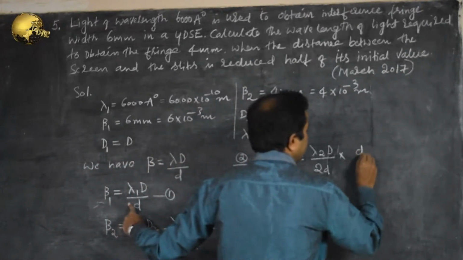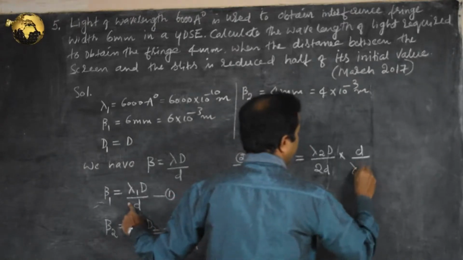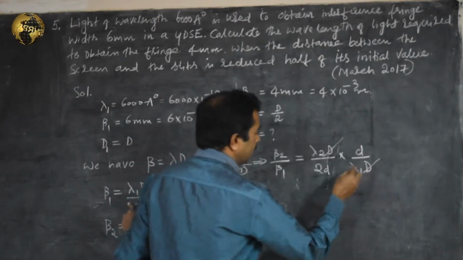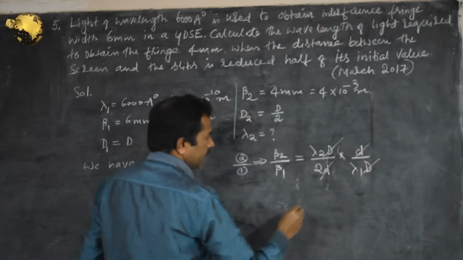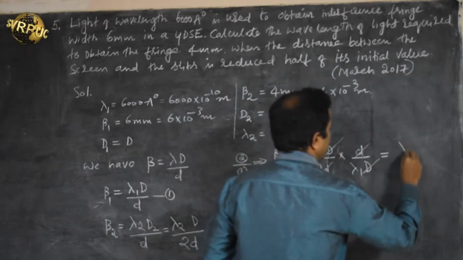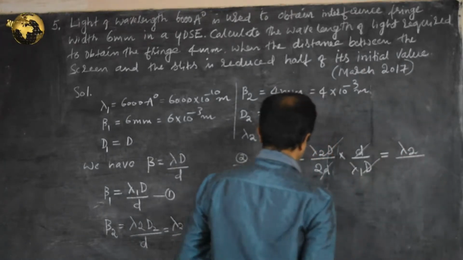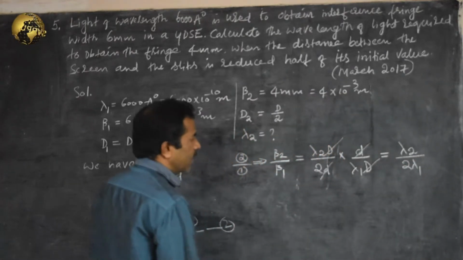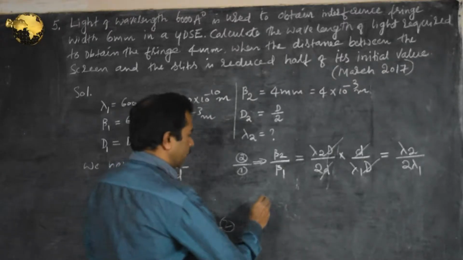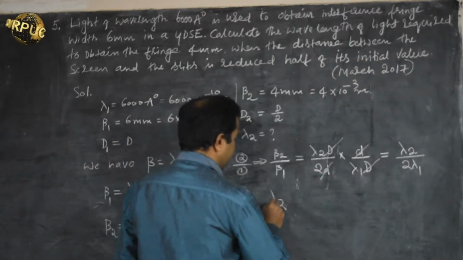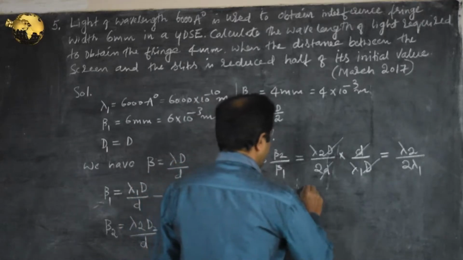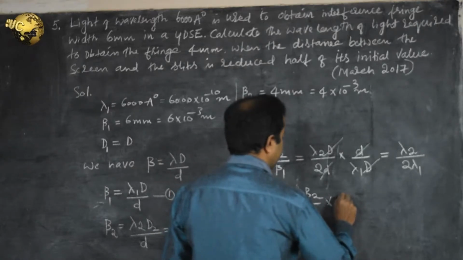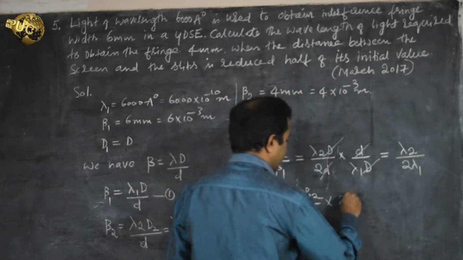It will become the reciprocal, so d divided by lambda 1 into D. Here capital D gets cancelled, and small d gets cancelled. So this is equal to lambda 2 in the numerator, and in the denominator 2 into lambda 1. Let us take a cross multiplication to calculate lambda 2. Therefore, lambda 2 is equal to beta 2 divided by beta 1 into 2 lambda 1.